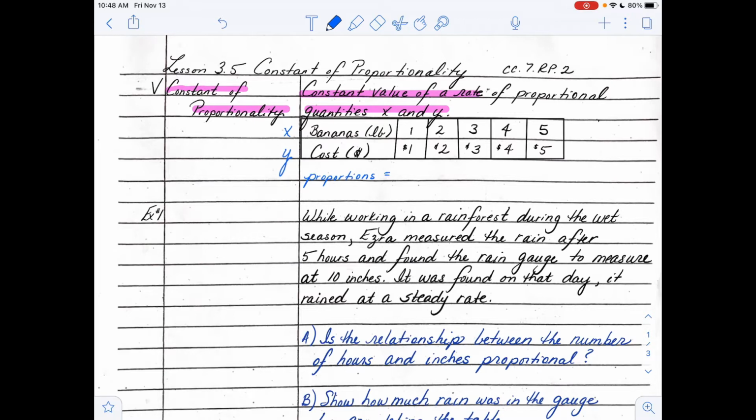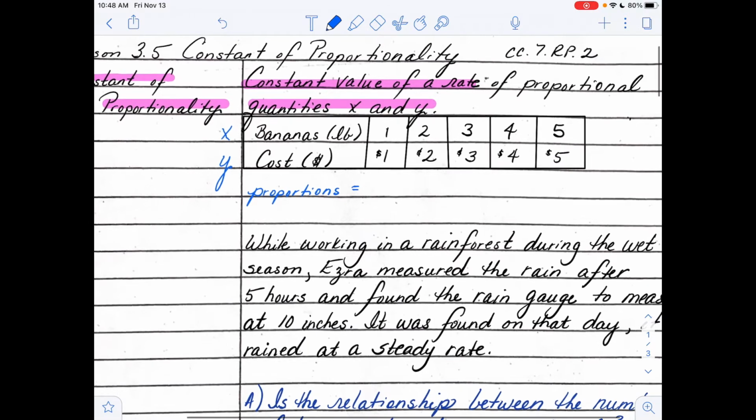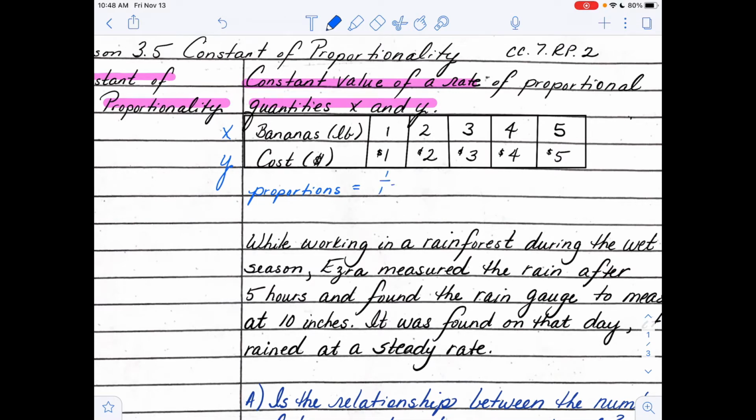So if I give you bananas and the cost of those bananas, and I wanted to find out if this actually was a constant rate of change, well, let's go ahead and look at those bananas. And again, it's the constant of proportionality of, let's see this one, 1 over 1, well, that's 1. 2 over 2, well, that's 1. 3 over 3, 1. 4 over 4, 1.